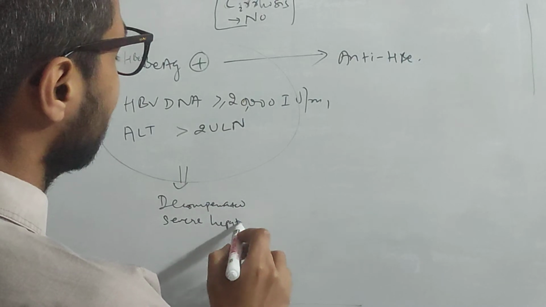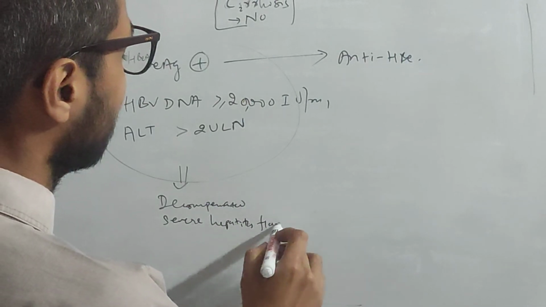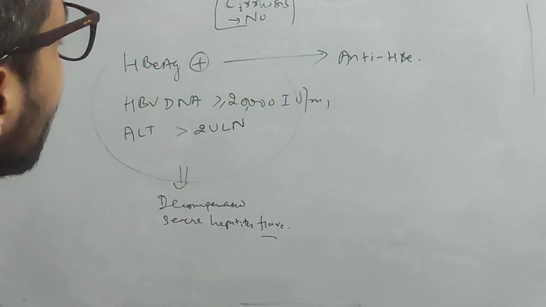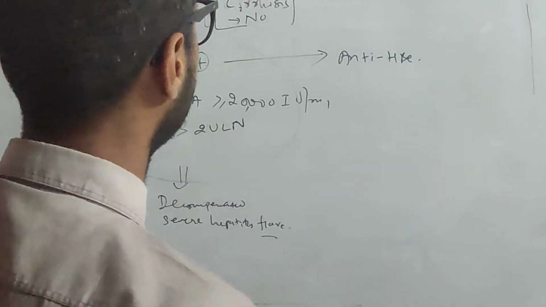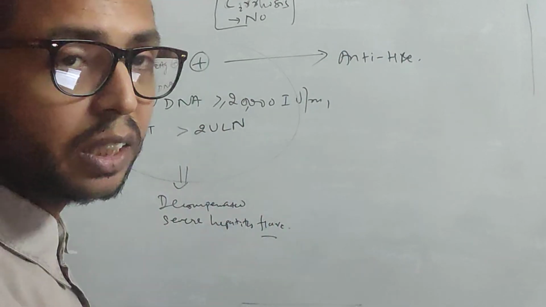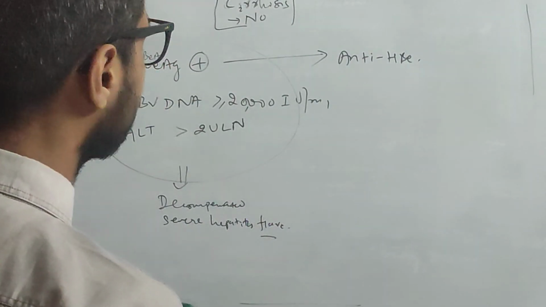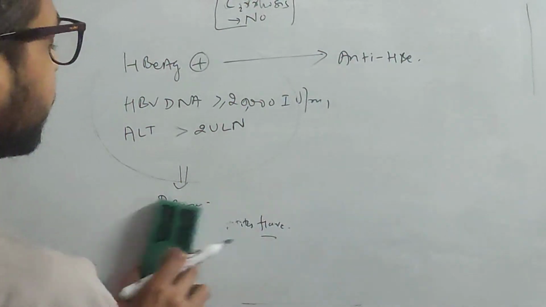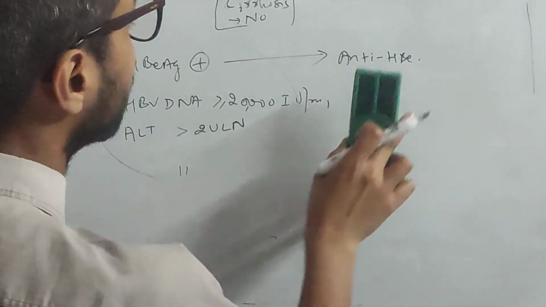You can observe for 3 to 6 months for a spontaneous seroconversion. Okay. If there is no spontaneous seroconversion, then you can consider treatment.